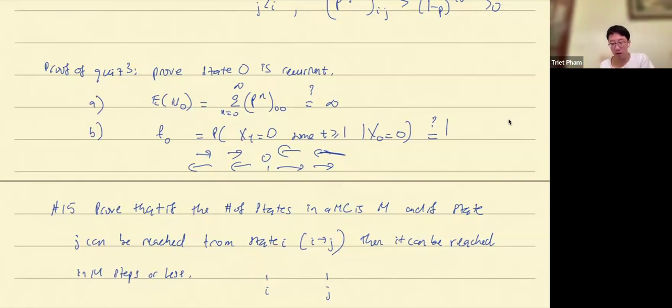That's why I say number 15 is connected to this a little bit, because if you cycle back and forth between two steps here before you return to 0, you can in some way remove those cycles and still talk about a positive path back.